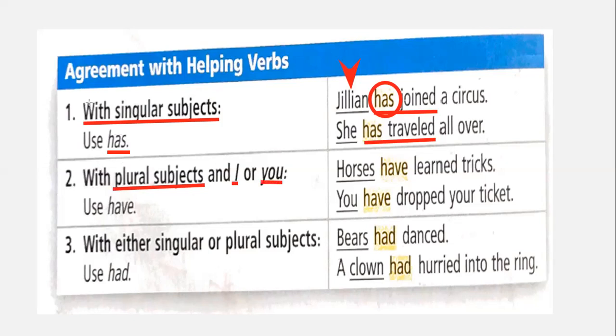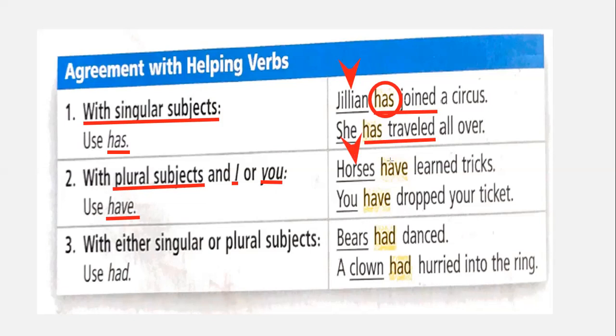So when we're working with plural subjects and I or you, we are using have. Okay? So then let's look at the examples. Horses have learned tricks. First thing that we notice is that the subject is plural, horses. We're talking about more than one horse, okay?